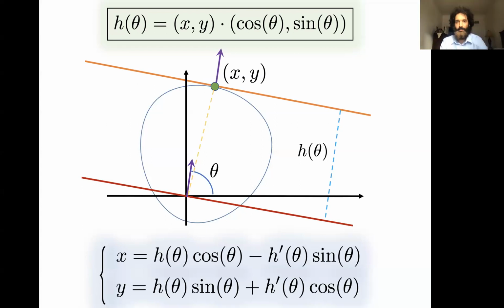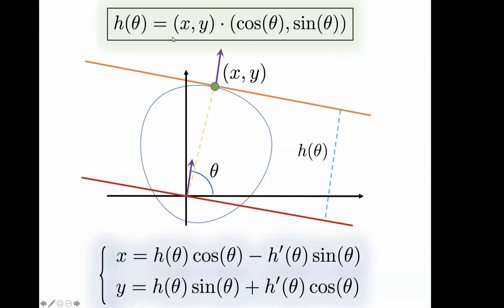I'm resisting that urge right here and just arguing a bit more geometrically. But given h of theta, I can find x and y from this relation simply by differentiating. If I differentiate this with respect to theta, I'll pick up two terms, one from differentiating x and y.